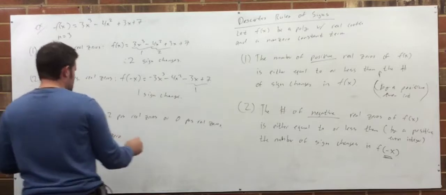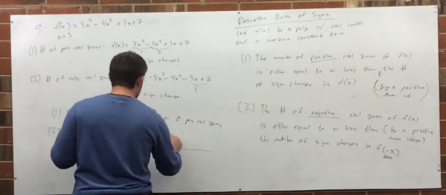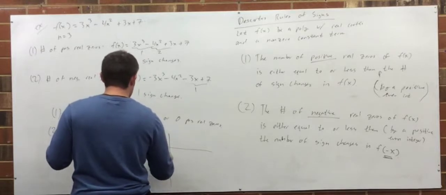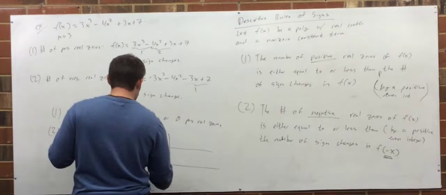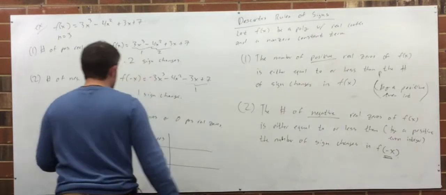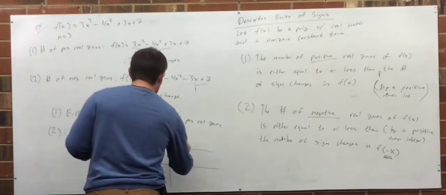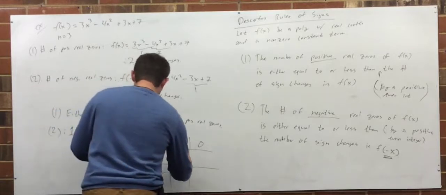So for the final step, we can make a chart. We have the number of positive real zeros, the number of negative real zeros, and then the complex / imaginary zeros. Well, we know that positive can be either 2 or 0. Negative has to be 1.